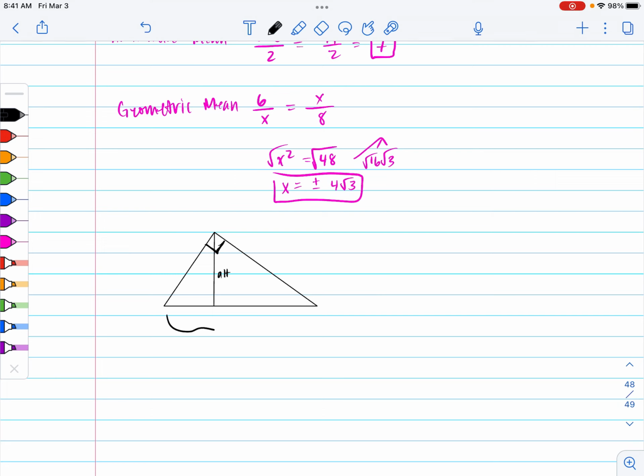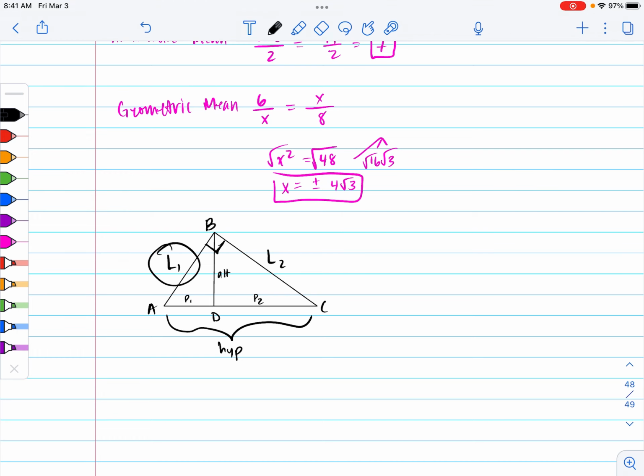And then we obviously know that across from the right angle is our hypotenuse, okay? And then we have leg 1, leg 2. For the sake of it, I'm going to just put L1, L2, okay? And I'm going to label this A, B, C, D. When we have this altitude, this point D splits up the hypotenuse into two parts.